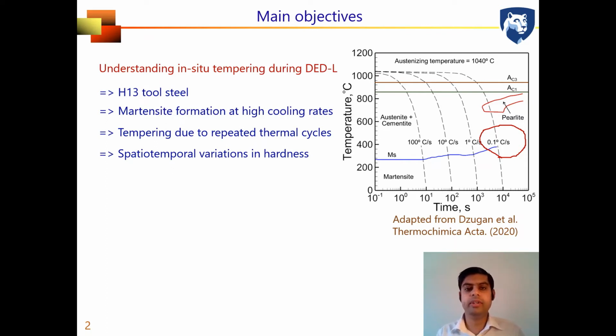But while depositing multiple layers, because of the repeated heating and cooling, the martensite breaks into ferrite and carbides, and that significantly affects the hardness and its spatiotemporal variation. So here the main objective is to study the effect of in-situ tempering through the prediction of hardness.